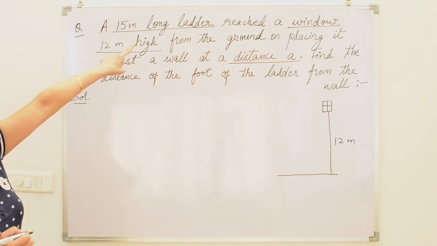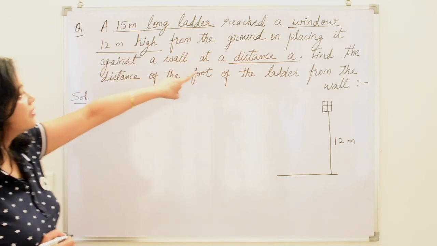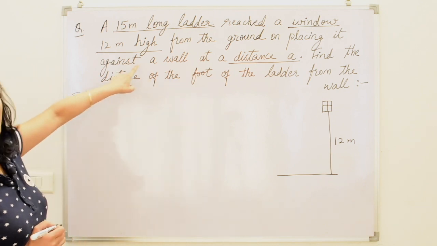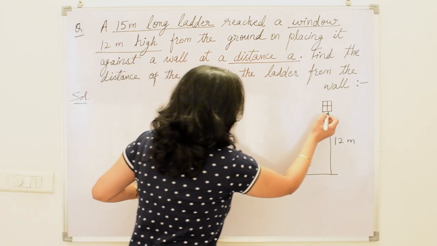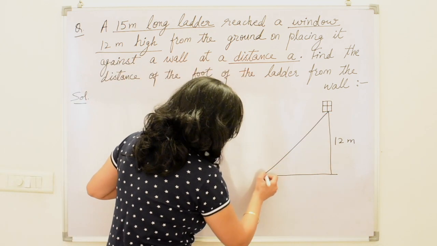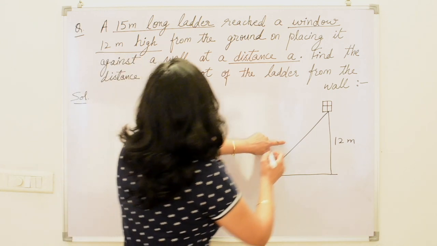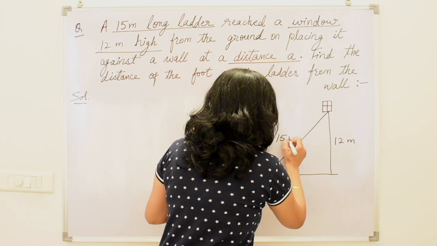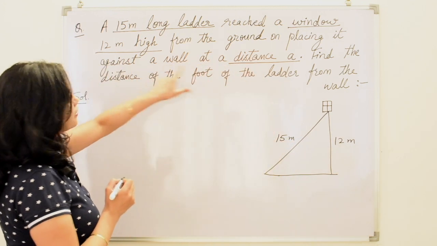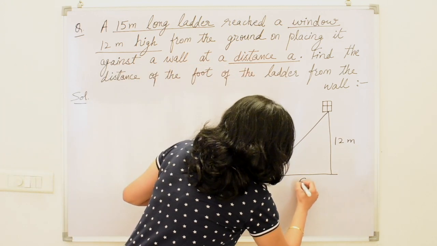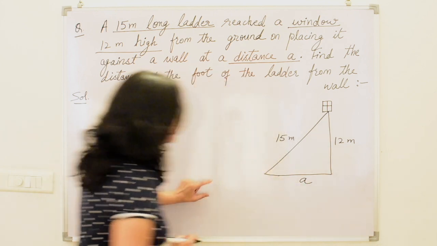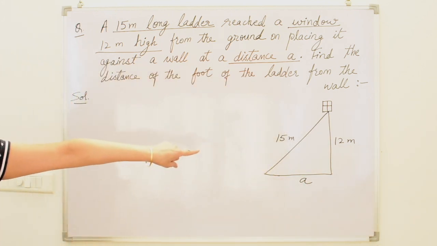The ladder is 15 meters long and it is at a distance a against the wall. If this is the ladder, this is 15 meters long and at a distance a. So this is the figure which we have got.